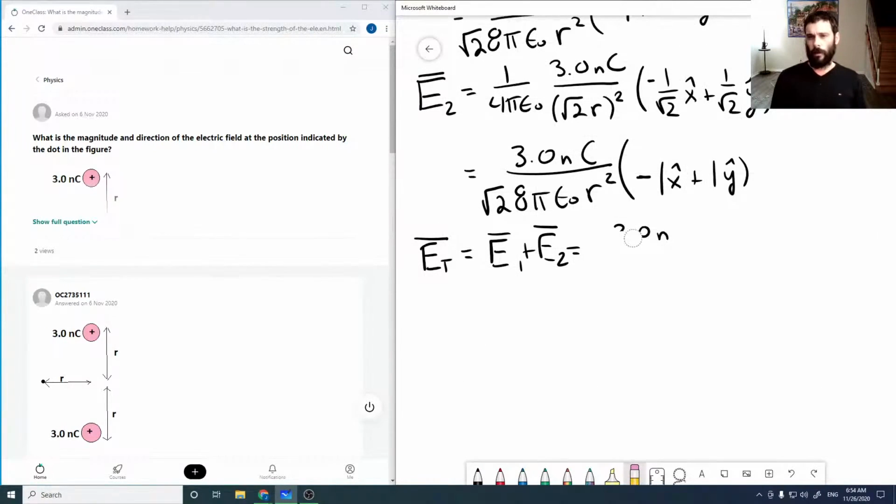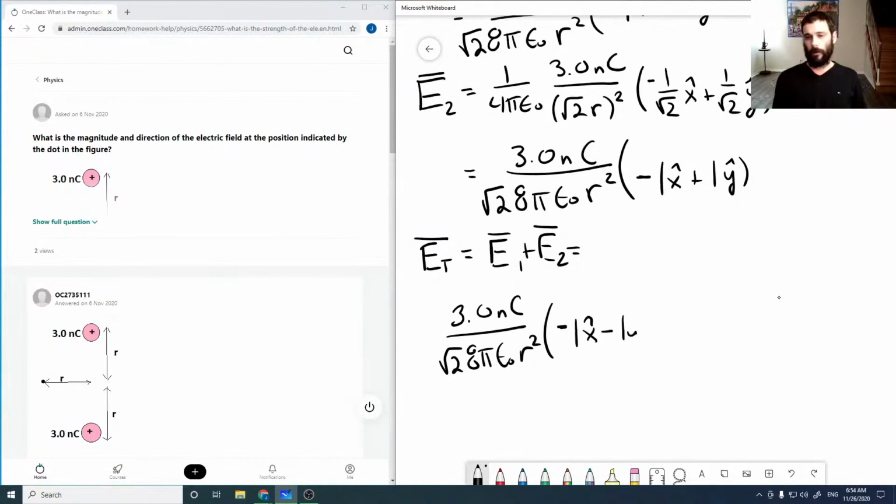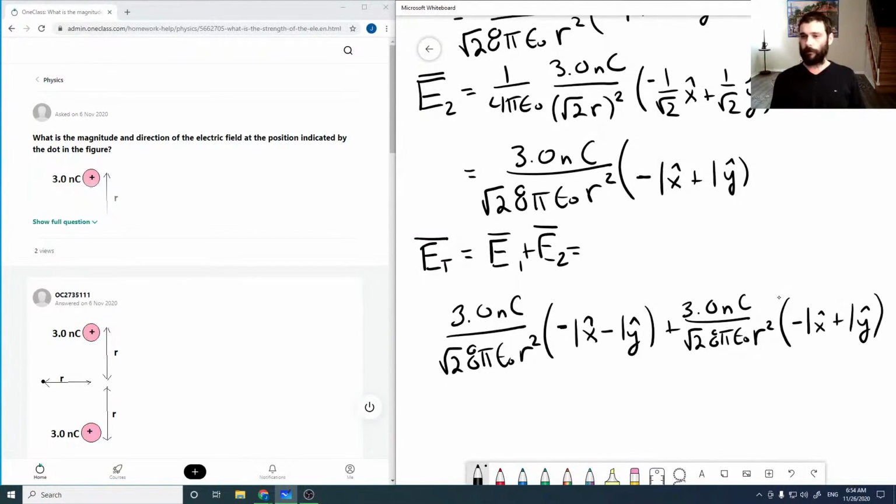So it's going to be 3.0 nanocoulombs over root 2 8 pi epsilon naught r squared, minus 1 x hat minus 1 y hat, so that was 1. And we're going to sum with 3.0 nanocoulombs over root 2 8 pi epsilon naught r squared, minus 1 x hat plus 1 y hat. Okay, so that's 2.